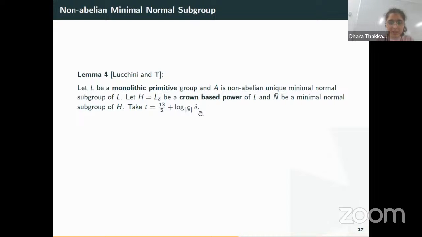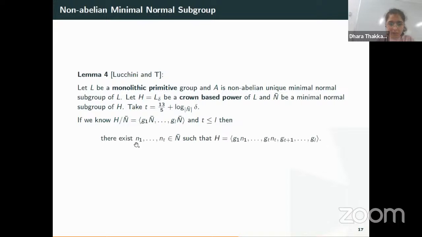Now take T to be this special number. It is dependent on delta, which is 13/5 plus log delta to the base |N|. Now, if we know the generating set for this quotient group, H modulo n bar, and also if we know that T is less than or equal to L, then we can find some elements n1 to nt from n bar, such that this special subset, g1 n1 to gt nt, g(t+1) to gL, will generate H. So instead of trying |N|^L many possibilities, now we just need to try |N|^T many possibilities, and T is also this special number.